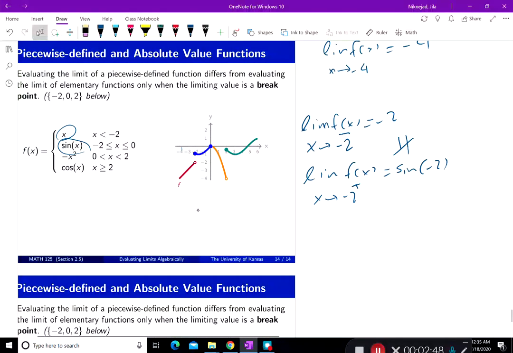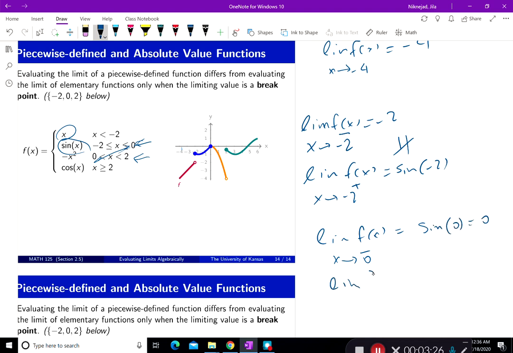Now, if you want to examine the limits at the other breaking point at 0, this time to the left of 0 is this rule, and to the right of 0 is that rule. And so the limit of f of x as x approaches 0 from the left is going to be plugging 0 into that, sine of 0, which is 0.